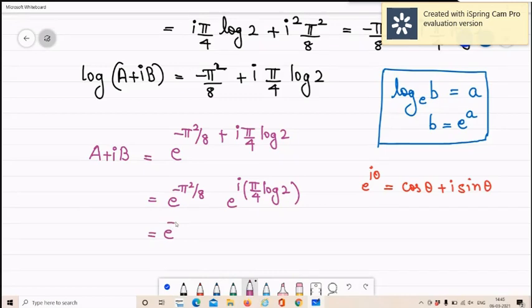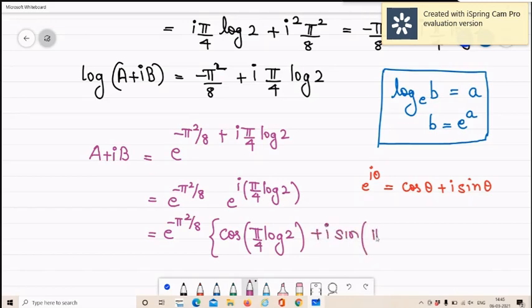This is going to be e raised to minus pi square by 8 into e raised to I theta. What is the value of theta? Pi by 4 log 2. So this is going to be cos of pi by 4 log 2 plus I sin of pi by 4 log 2.